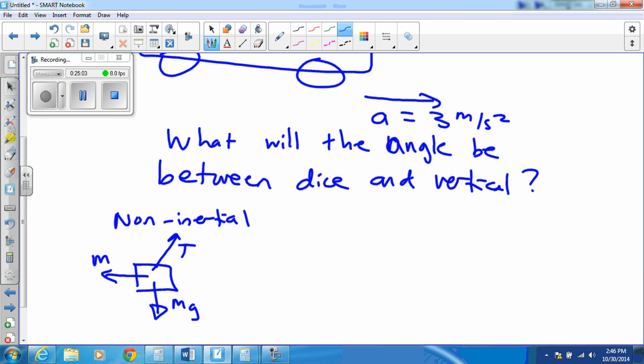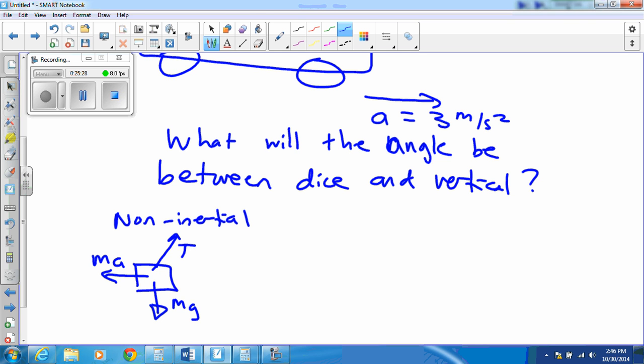Now we introduce our fictitious force, ma, which points opposite to the direction of the acceleration of the car. That's all you have to do in a non-inertial analysis: add your fictitious force, which points in the opposite direction from the acceleration.